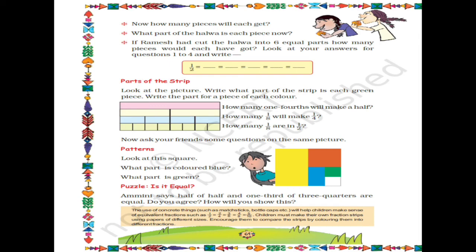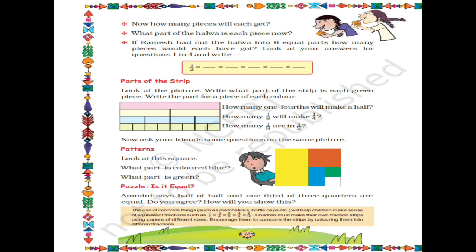Now let's see the next question. What part of the halwa is each piece now? Now you have to tell what part of the halwa that piece is. So we know that it is a 1/8 part of the halwa. So the answer of this question is 1/8 part of the halwa. Let's see the next question.